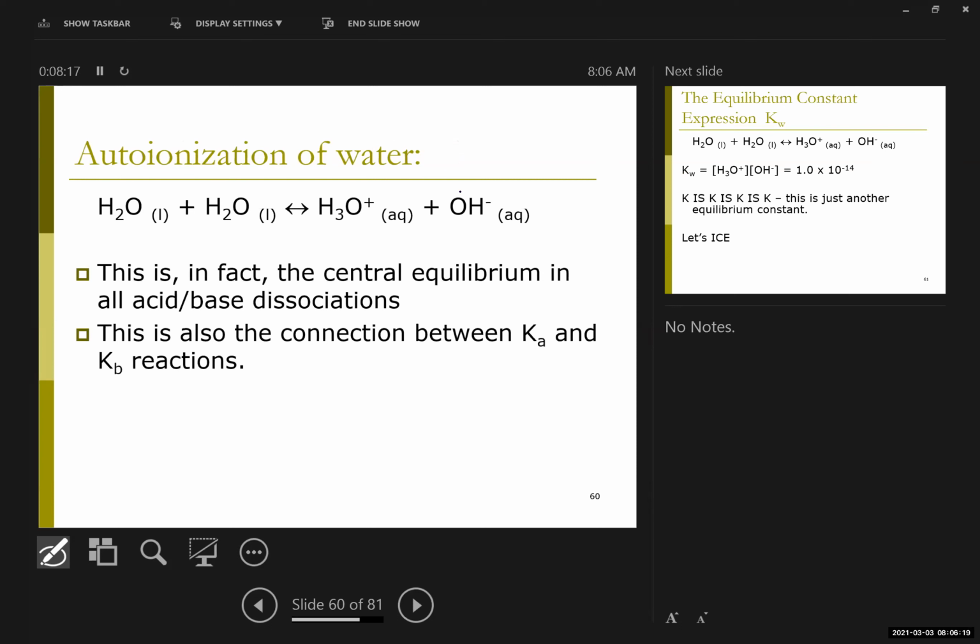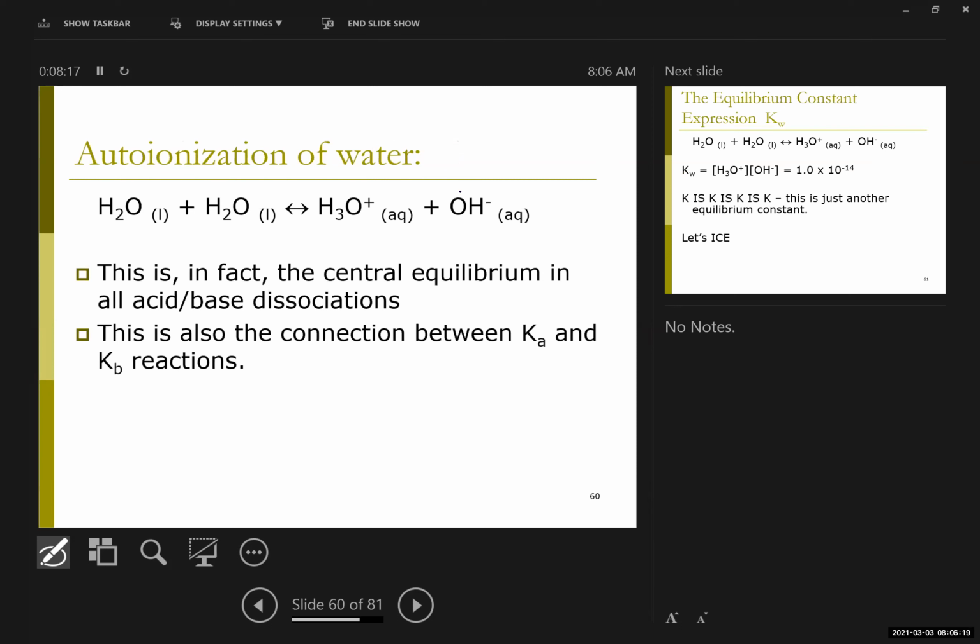I can, as always, fill in the change line automatically. And technically, there's a minus x here and a minus x here. I don't really bother with them, mostly because they're not in the equilibrium expression since it's a pure liquid, and so there's therefore no reason to track them.